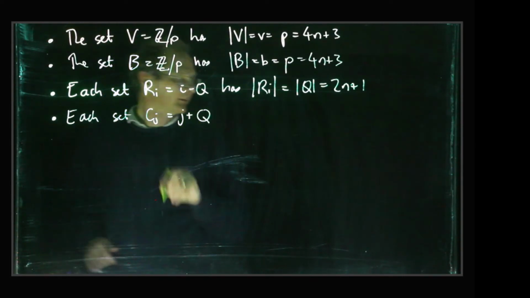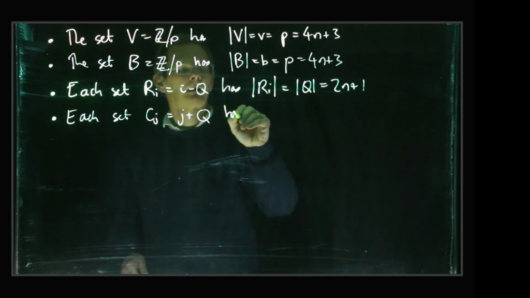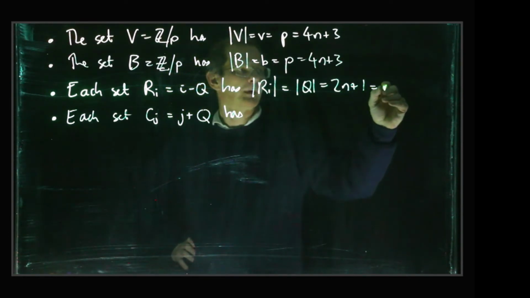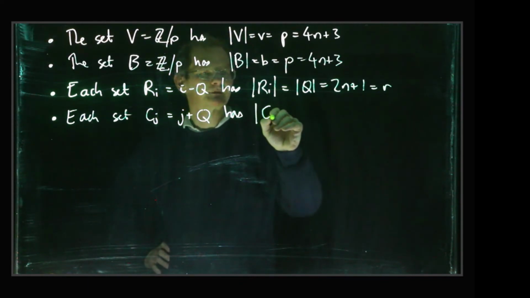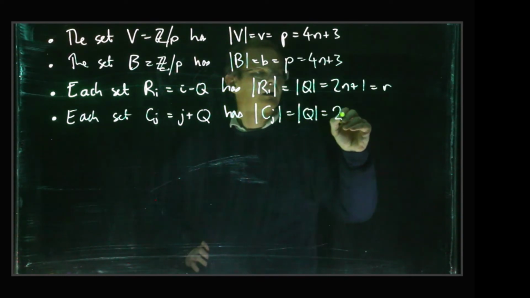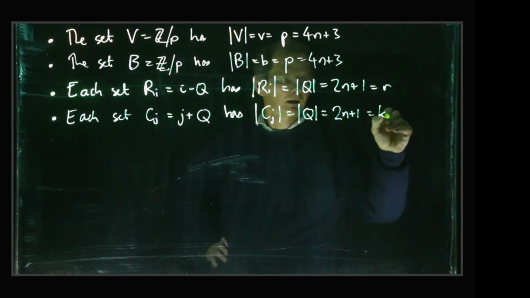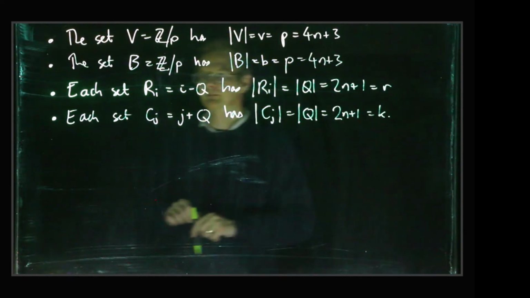And then similarly, the column sets C_j are j + Q. Remember, this common size of the column sets was denoted by K, so K is the size of all the column sets. That's also 2n + 1.